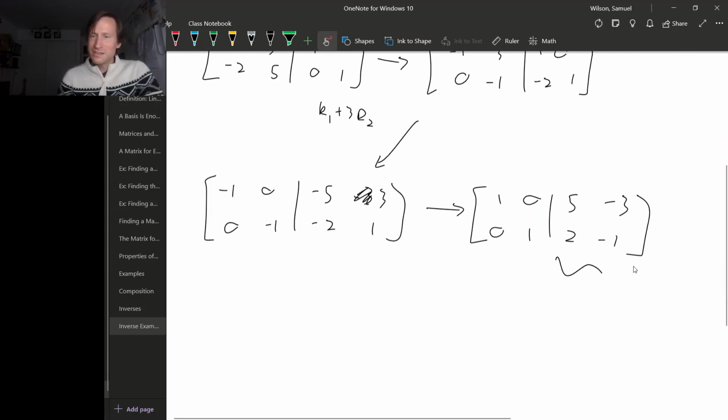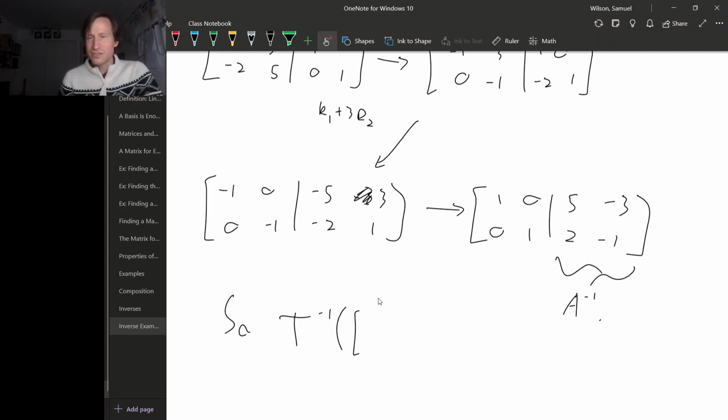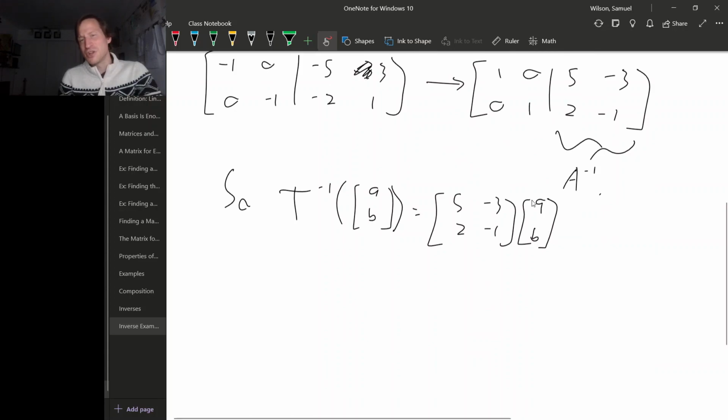And now this is A inverse, right? So now we can write a formula for the inverse matrix, or for the inverse linear transform. The inverse linear transform is just this matrix, 5 -3, 2 -1, times your input vector, AB. And then, depending on what you're doing with this, you might write this out.